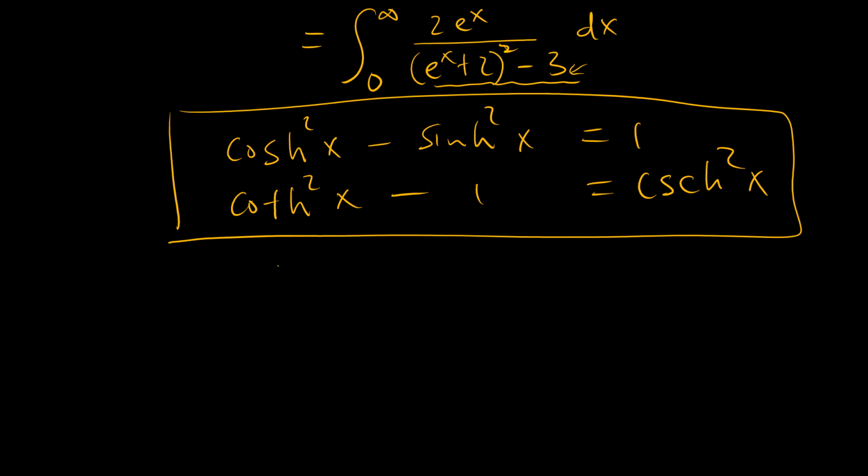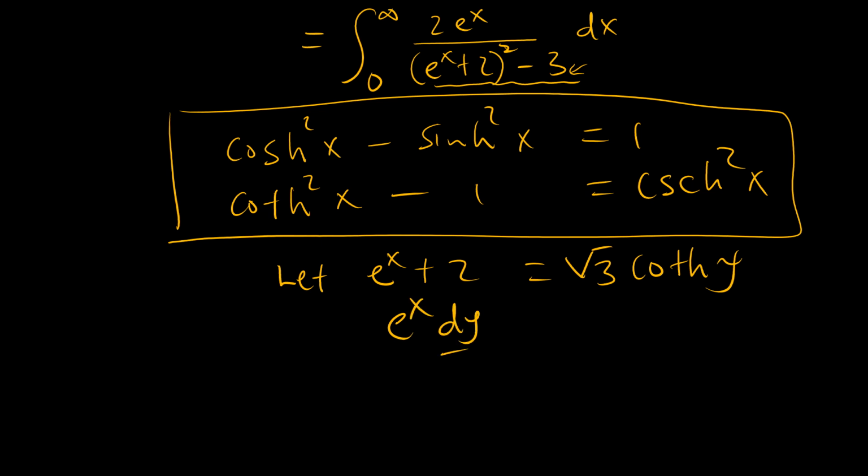So with that in mind, we can say let e to the power x plus 2 be equal to square root of 3. I have put square root of 3 here so that when I square it becomes 3 and I'm able to pull the 3 out. So square root of 3 hyperbolic cotangent of y. So that e^x dx, dy, you know, some things just become ingrained.